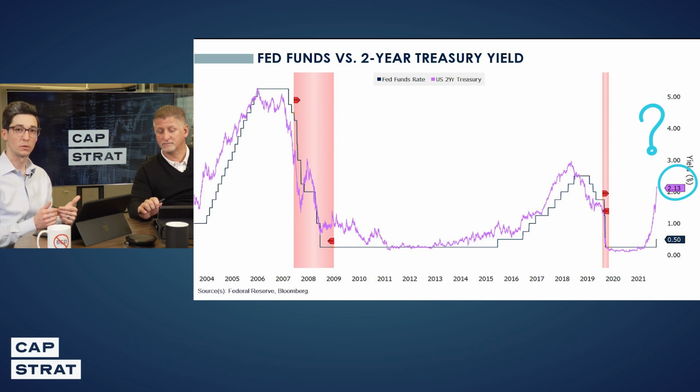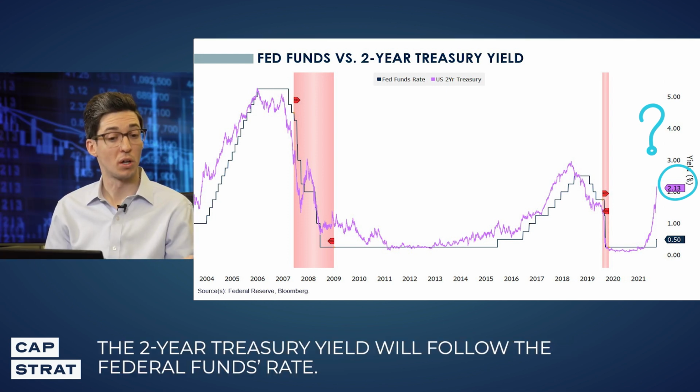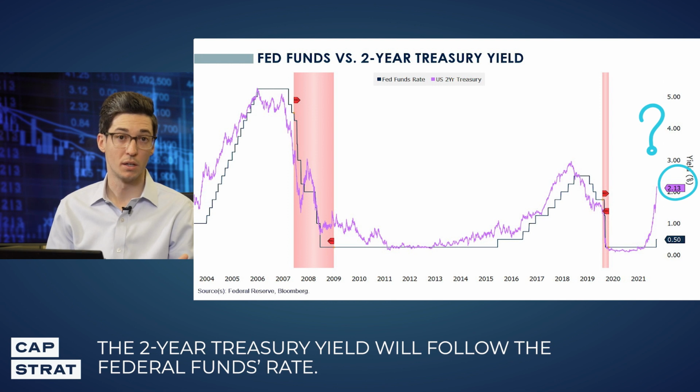And as we get down to shorter-term interest rates, you say, how much potential is there for the 2-year to move higher? Well, usually the 2-year will follow the federal funds rate and be supported by the federal funds rate. So if the Fed does get the federal funds rate up to 2.75% at the end of next year, we would expect the 2-year note yield would go there as well. So there is potential for this to move higher.